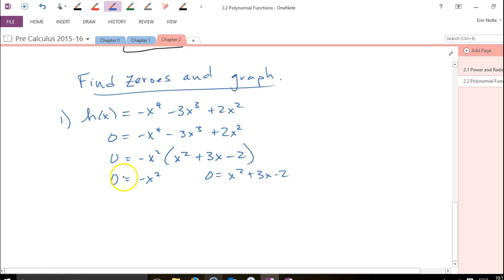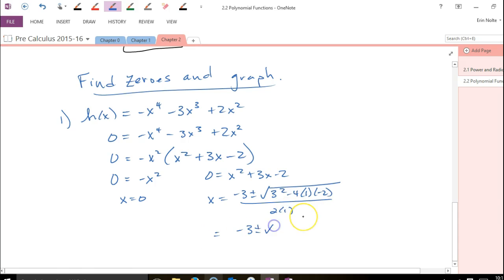On the left. 0, okay. So over here, then I'm going to have negative b plus or minus the square root of b squared minus 4 times a times c all over 2a. So we get, let's see, 9 plus 8, right? 9 plus 8 is 17 over 2. Okay, so you can't break 17, but that's going to be technically 2 zeros there.